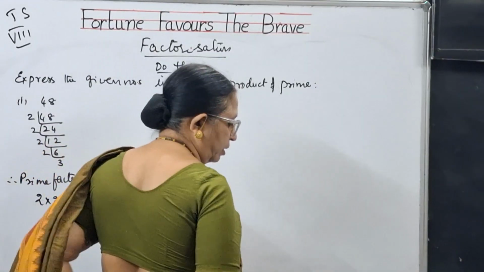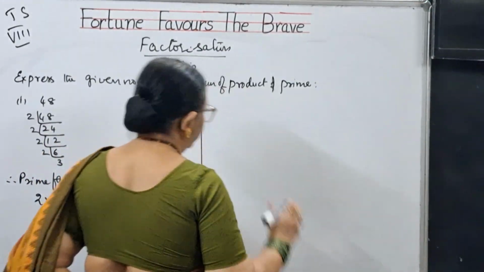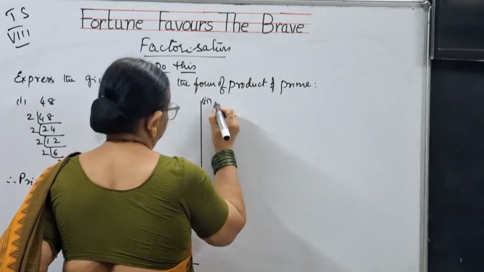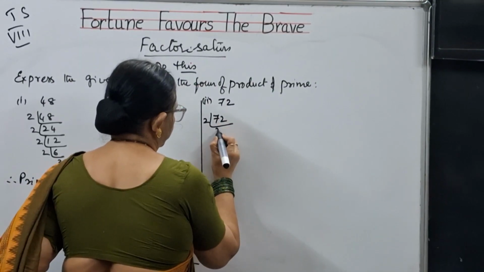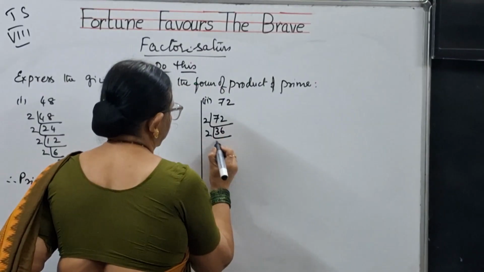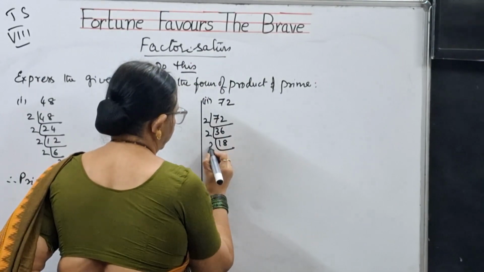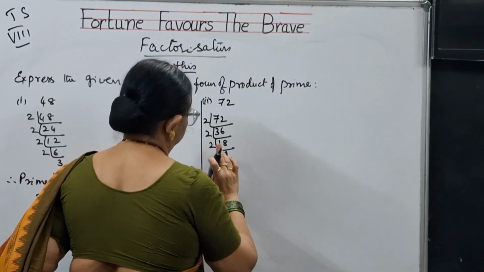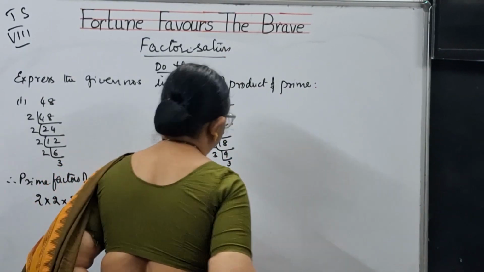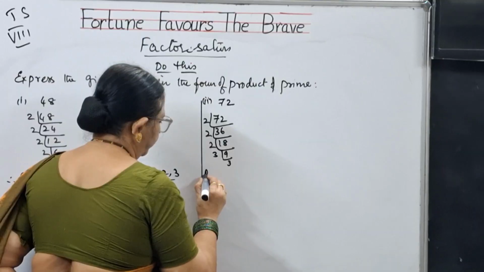Now we have got another number, 72. When I take 72, 2 thirty-sixes, 2 eighteens, 2 nines are 18, 3 threes are 9. So prime factors.